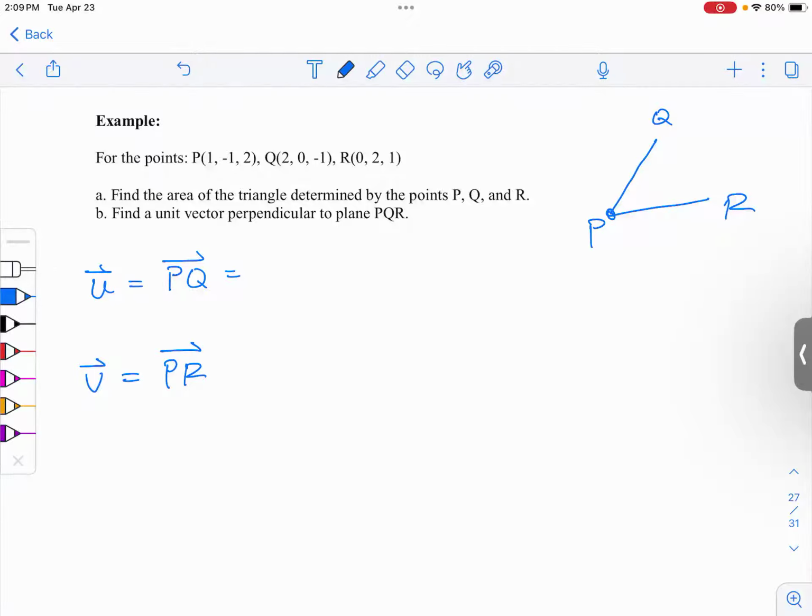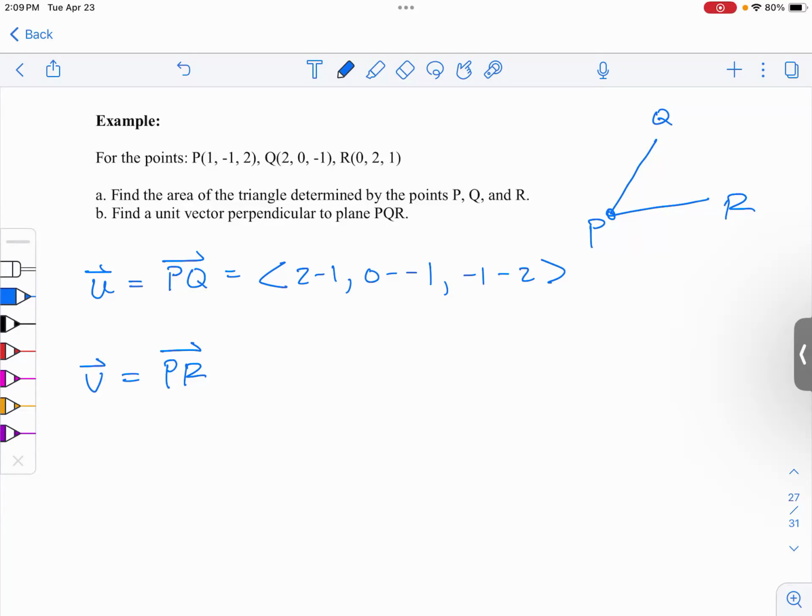Okay, then in order to do it, I'm going to put this in vector component form. So top point minus the bottom point. So 2 minus 1, 0 minus -1, -1 minus 2. And the biggest thing with these is, remember, it's the end point minus the initial point. And the signs are what always screw people up, especially something like this one, 0 minus -1. Make sure that you always have the subtraction in there, then put the point in.